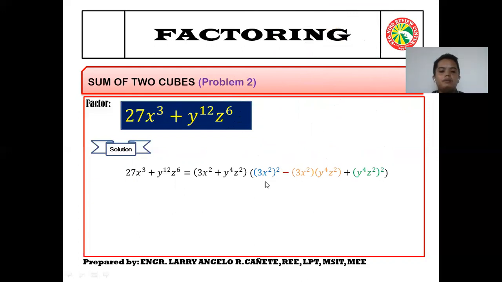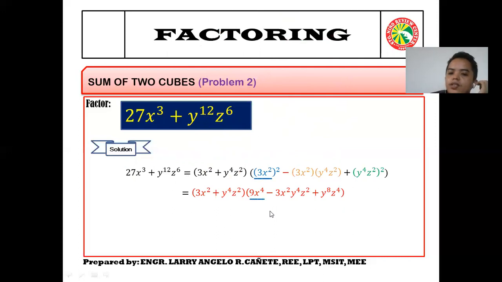So square the first term, minus, multiply the two terms, and then square the last term. So therefore, this is the final answer.